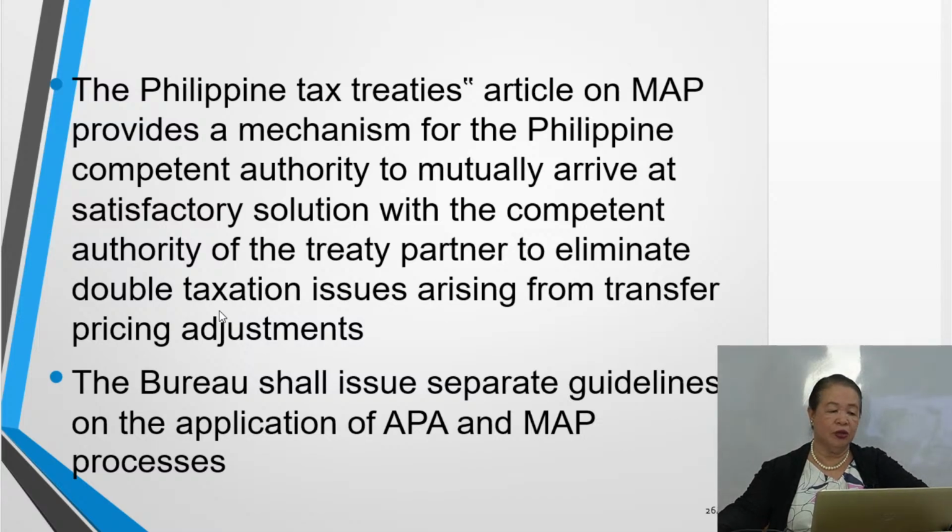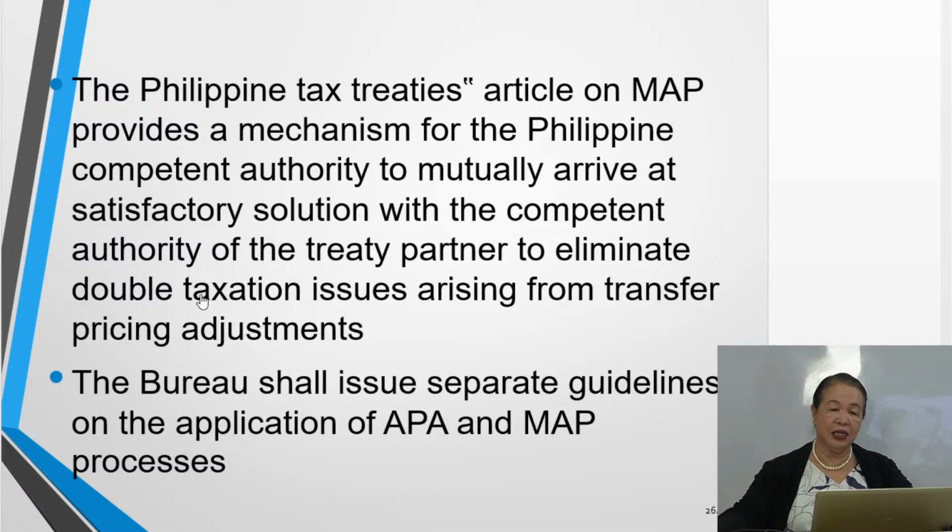This is true, no? Pero ang sabi ng OECD, double taxation is not per se avoided. Sometimes it is allowed. Why? Bakit siya allowed yung double taxation? Because it is intentional on the part of the taxpayer na hindi talaga mag-report ng income dito sa Pilipinas kasi mataas yung ating income tax rates, no?